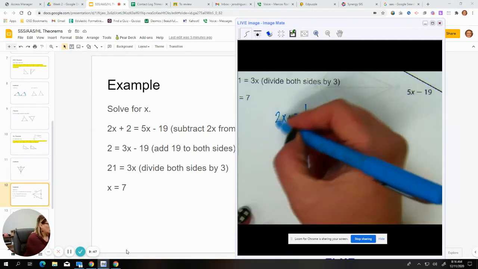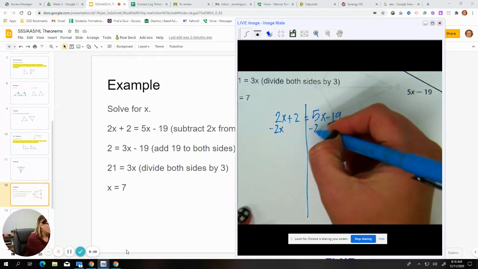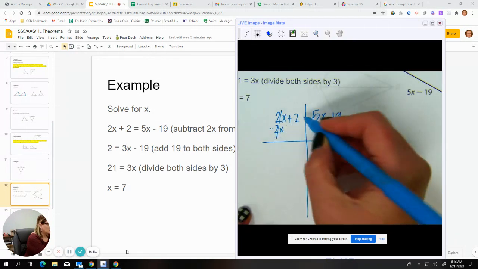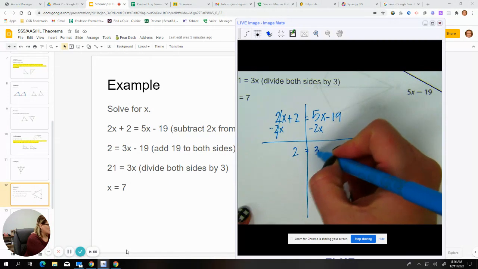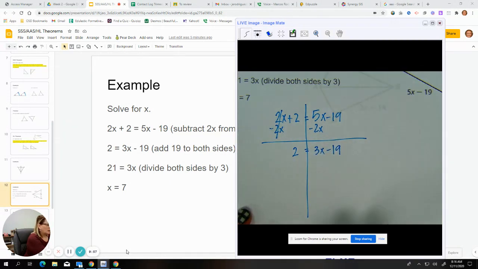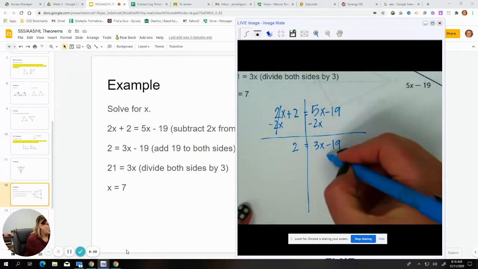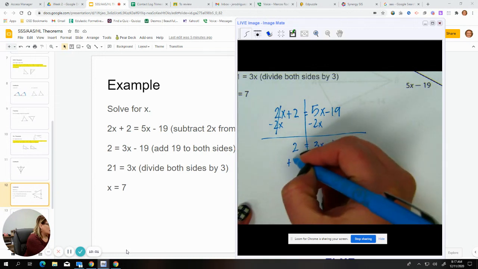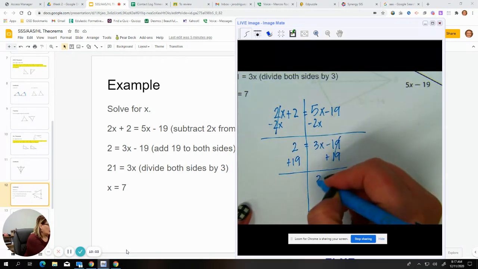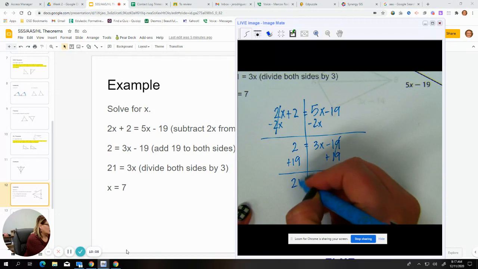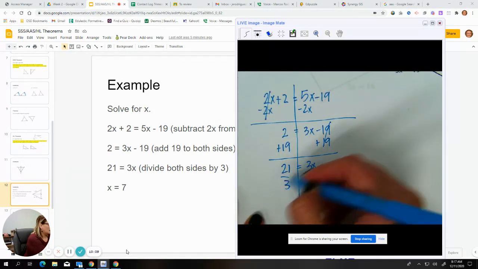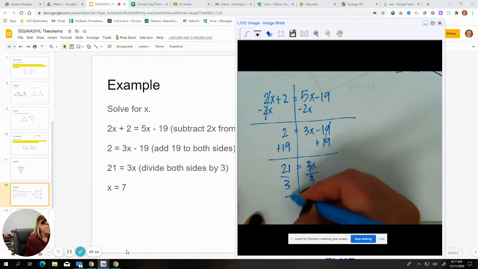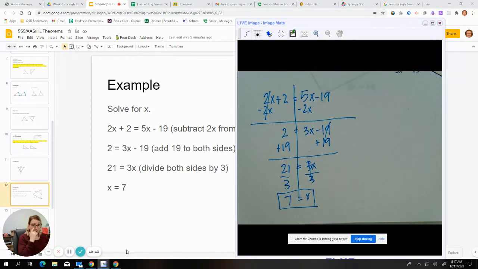So I am going to subtract 2x. It cancels here. The 2 comes down. 5x minus 2x is 3x, minus 19. I am going to add 19 to both sides, and I get 3x is equal to 21. And so I divide by 3, and x is equal to 7.